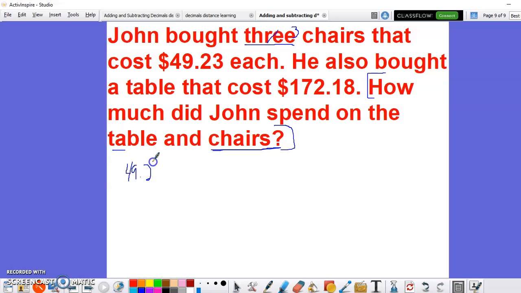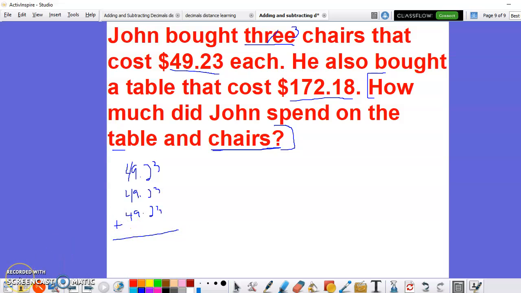There are 3 of them. So when I'm adding everything up, I would need to have this number 3 times plus the table. You can add those 3 up plus the table.